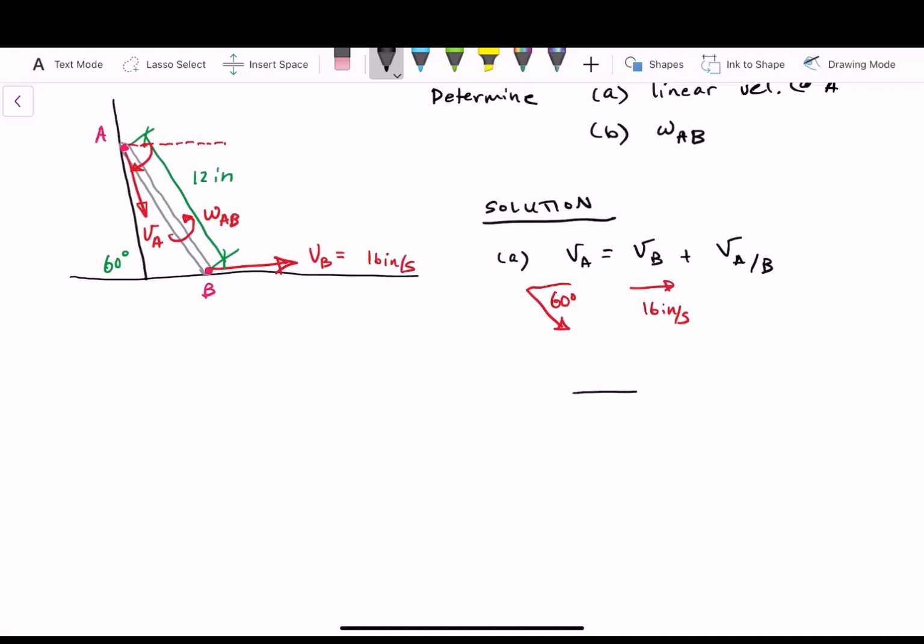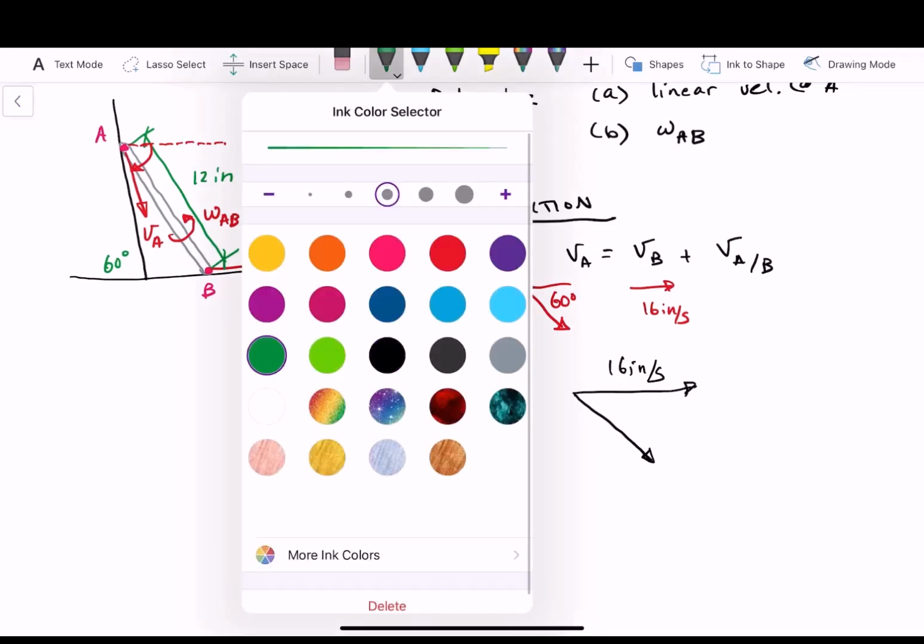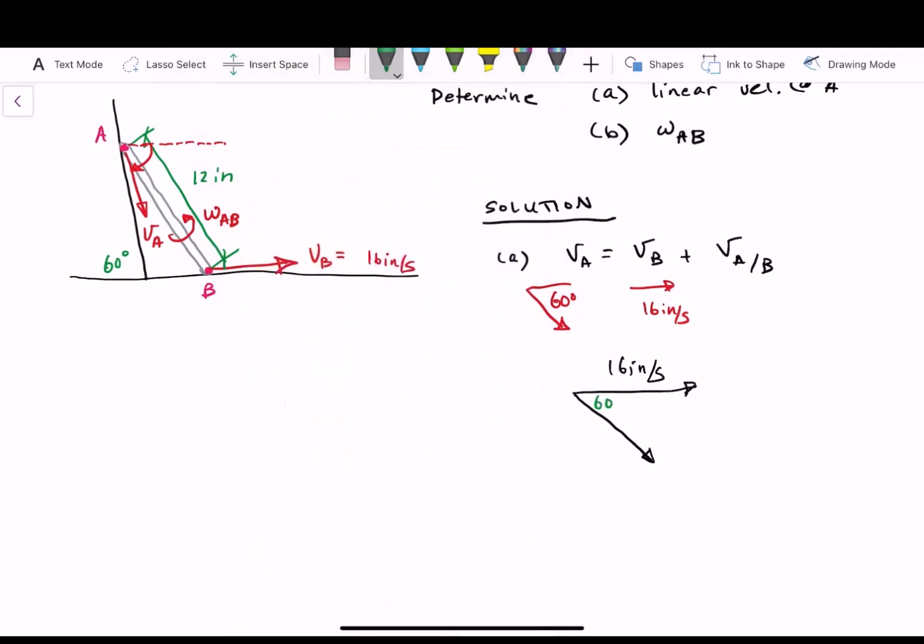We do know that we have 16 inches per second, and it's going in the horizontal direction. We do know that velocity A, we don't know its magnitude, but we know it's going down that direction because it is at an angle of 60 degrees here.